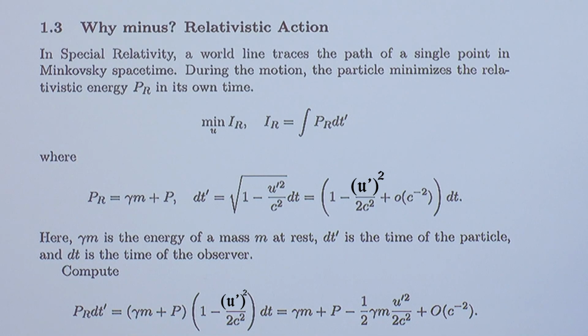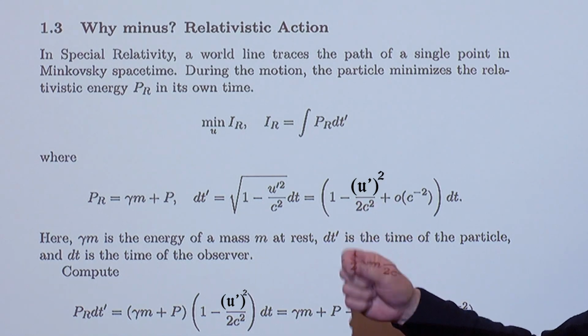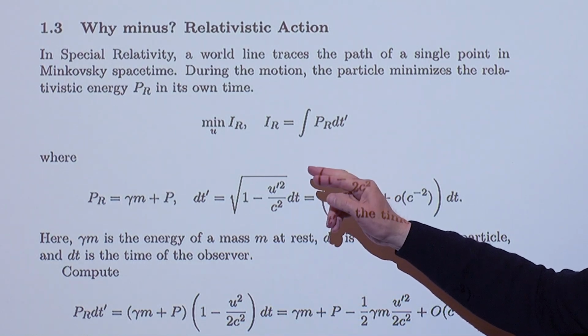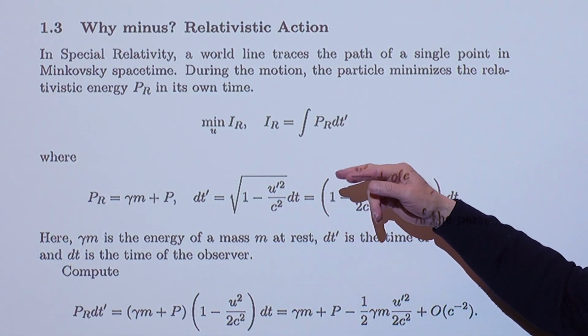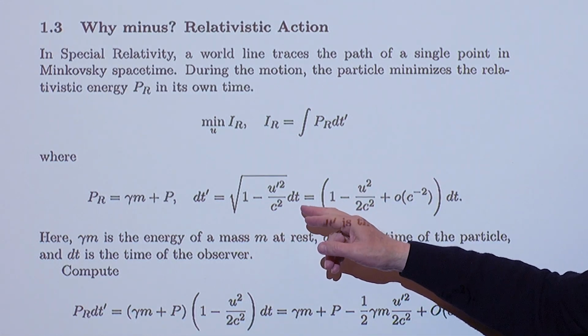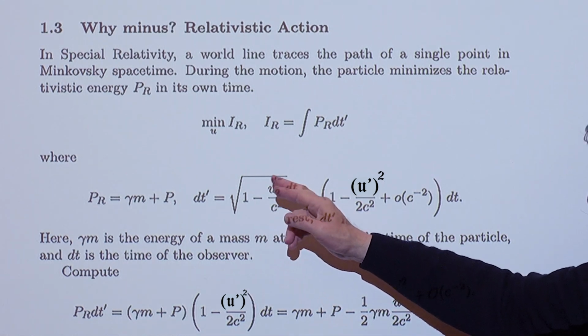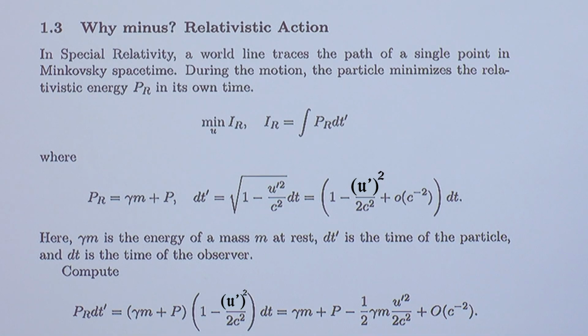The small instance of time in the particle's own time is different from the instance of time that we observe, by this factor, 1 minus u prime squared divided by c squared, under a root.